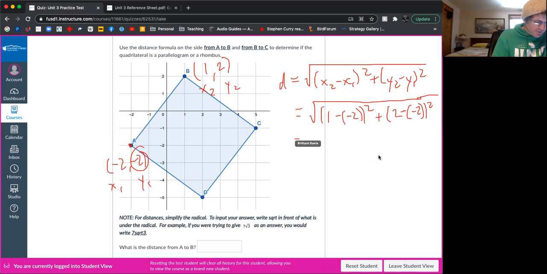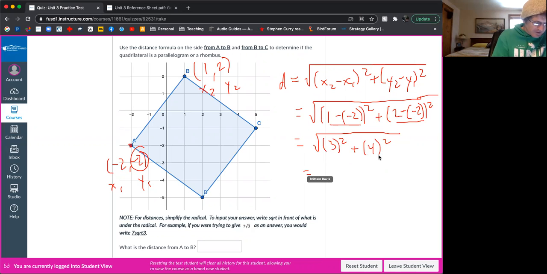So now I can just go through, I'm only going to solve one of these distances. 1 minus a -2 here, I'm going to look what's inside the parentheses first. 1 minus a -2 is the same as 1 plus 2. So that's just 3. So that's going to be 3 squared plus 2 minus -2 is the same as 2 plus 2. So that is 4 squared.